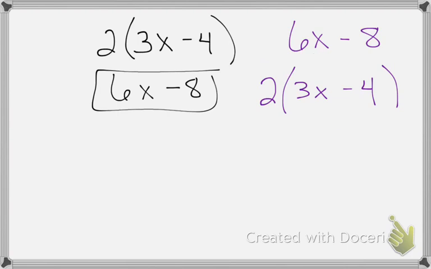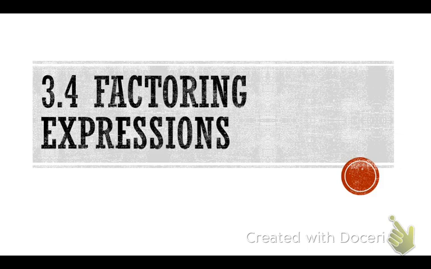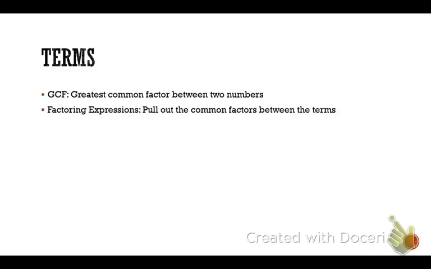Okay, so here's what I want you to see just for now. Factoring expressions is the distributive property in reverse. Okay, that's what we're doing today. All right, so you need to know some terms. You guys remember GCF? Greatest common factor? Okay, so GCF is really important with factoring expressions.